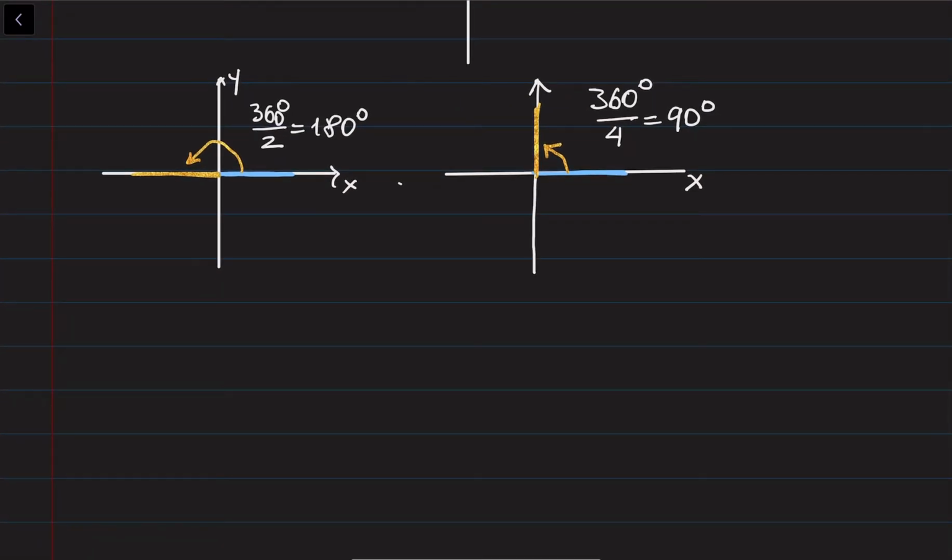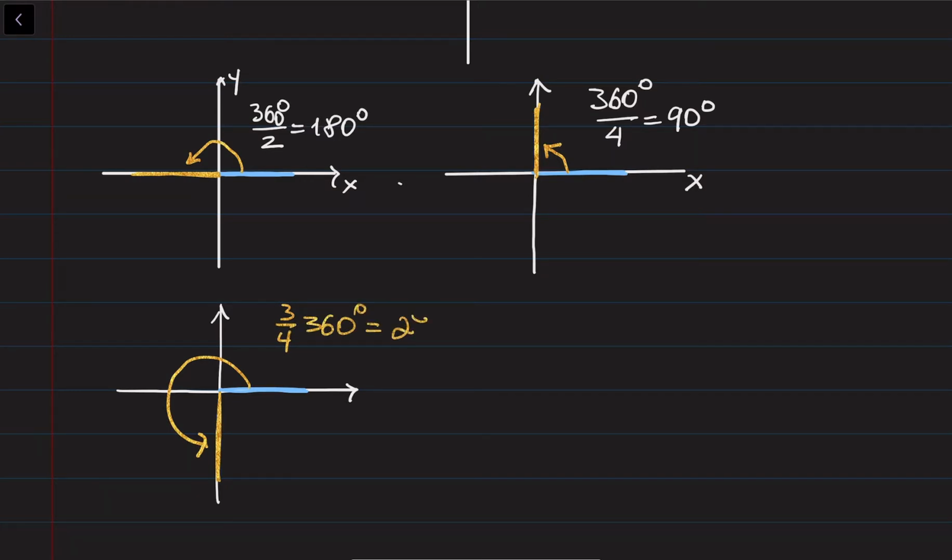For example, if I get the terminal line on the y-axis, but in the opposite direction, with the terminal line here while the initial line is here, can you figure out the measurement of this angle? You're starting from here and finishing here. This is going to be 3/4 of 360 degrees, and if you multiply everything out, you will get 270 degrees.